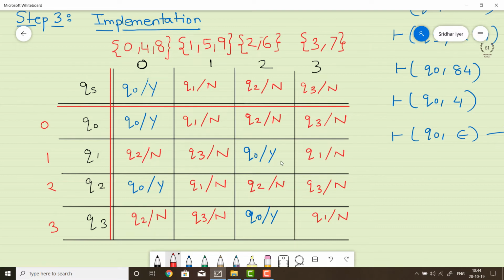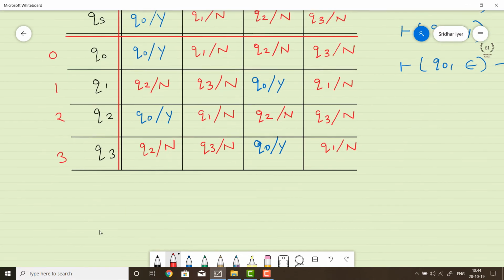Why? Because as you know, we had 2 functions: the state transition function and the machine application function. If you are not recollecting it, let me show you. The state transition function was S into I gives S, whereas the machine application function was S into I gives O. That is, STF is a state on an input giving a state, whereas MAF is a state on an input giving an output.